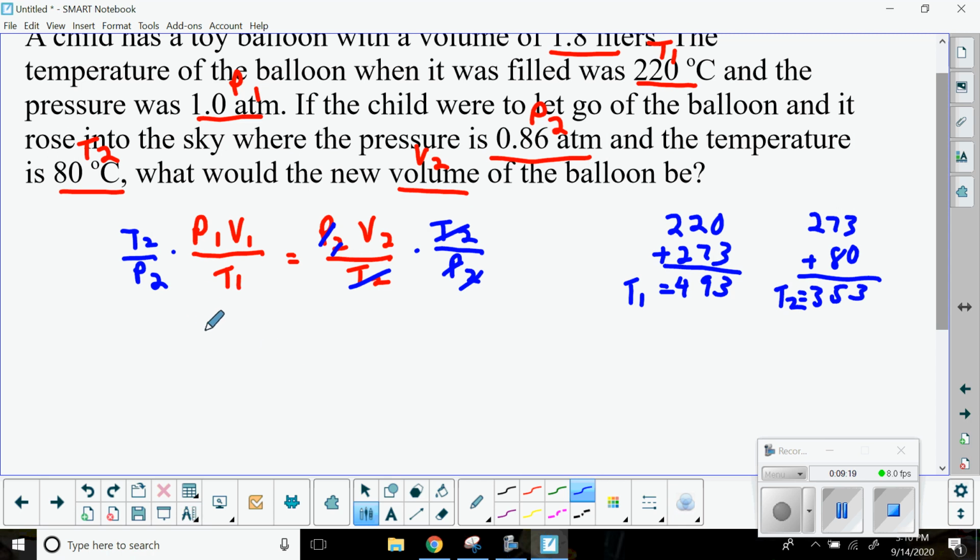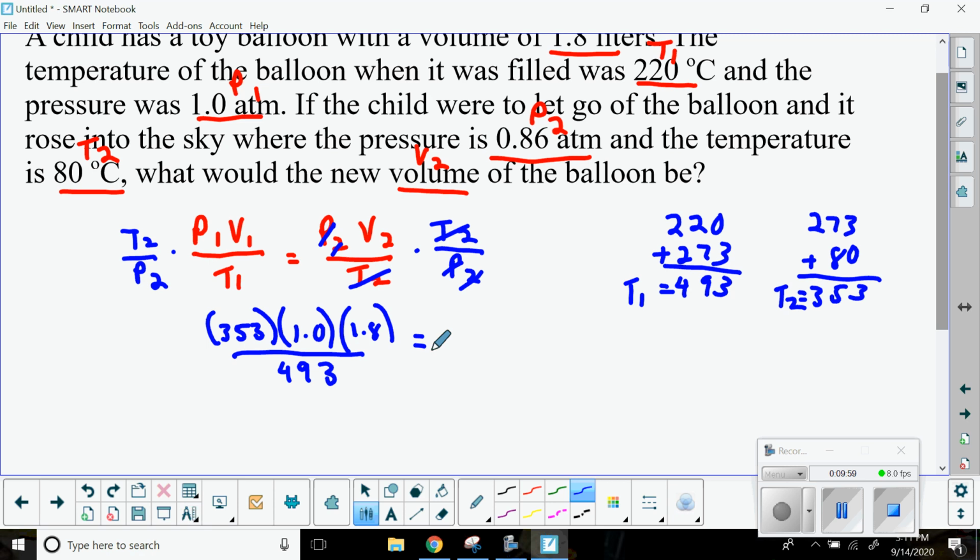All right, so we're going to shove this all in now. T2 is going to be the 353. The P1 is going to be the 1.0, 2 sig figs there. V1 is going to be the 1.8, 2 sig figs there. T1 is going to be the 493. And now I'm ready to grab my calculator. So my calculator is going to render the result of me doing 353 times 1.0 times 1.8.